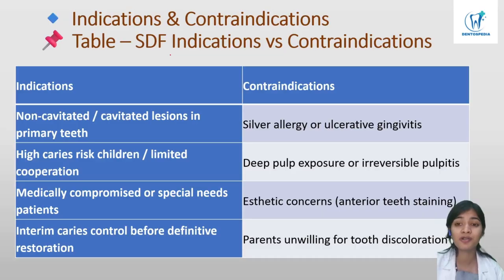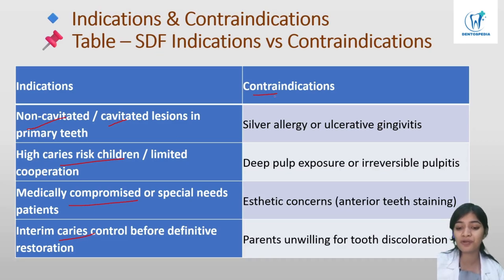It is used in children with multiple active decay lesions. It is ideal for toddlers, very young, anxious or medically compromised patients who cannot tolerate traditional restorative treatment. It is suitable for lesions that are difficult to restore but easy to access for topical application. So these are used in non-cavitated and cavitated lesions, high caries risk, medically compromised patients, and interim caries control.